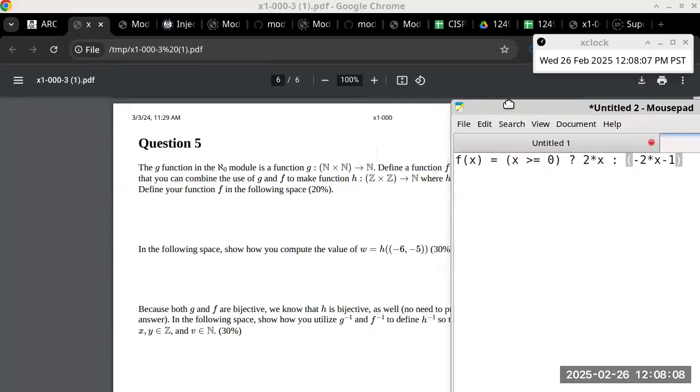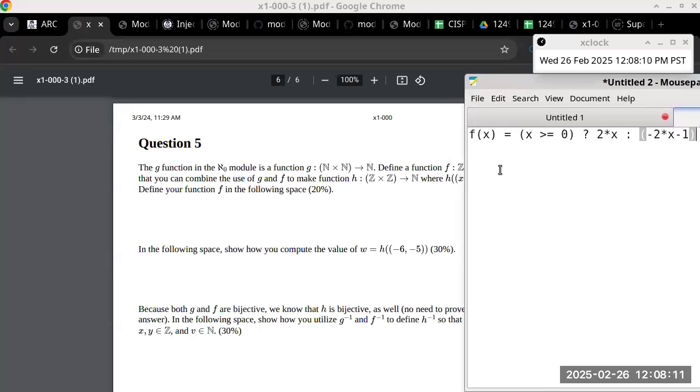So h of ((-6, -5)). (-6, -5) is itself a two tuple because it is an element from the domain of h. That's why there are double parentheses. It's not a typo. It is not redundant. The outermost parentheses, which is highlighted right now, is basically saying whatever is inside are parameters.